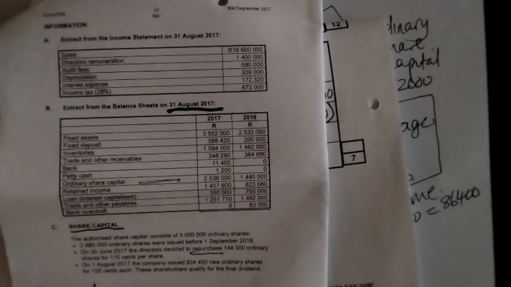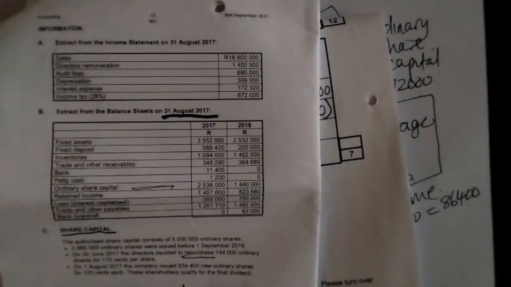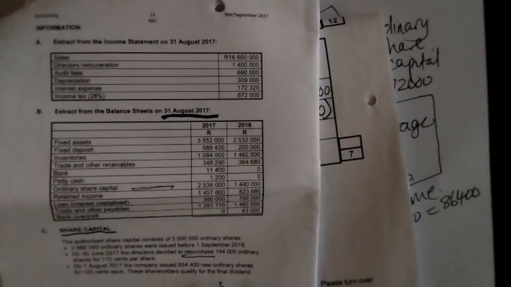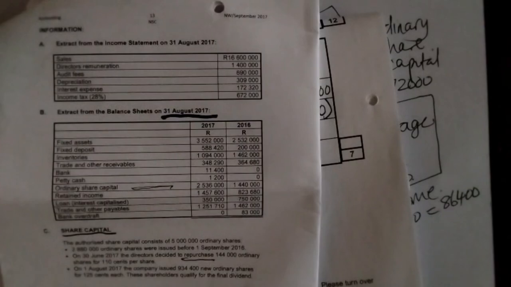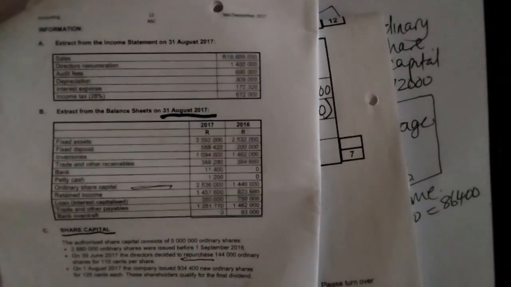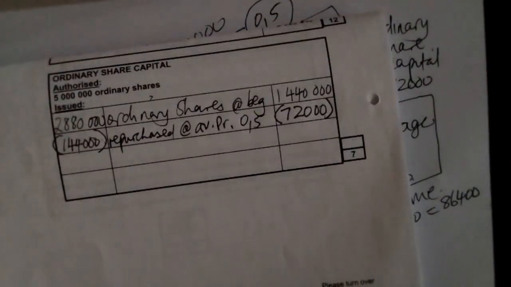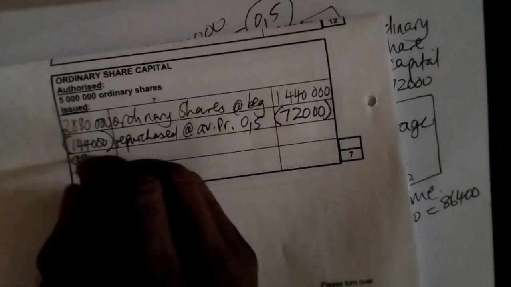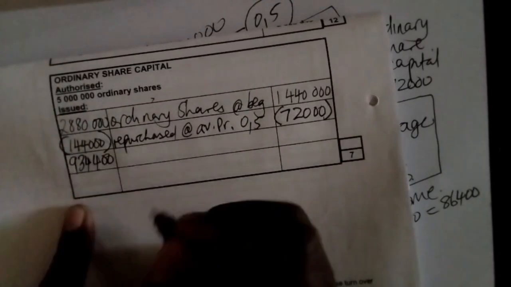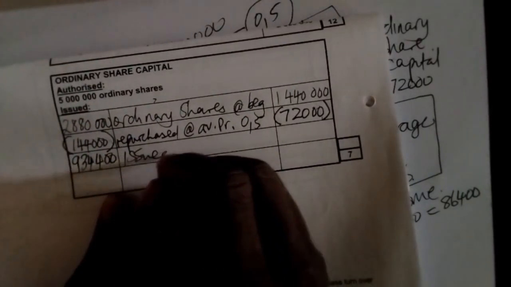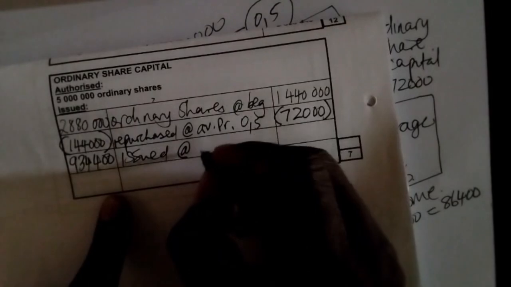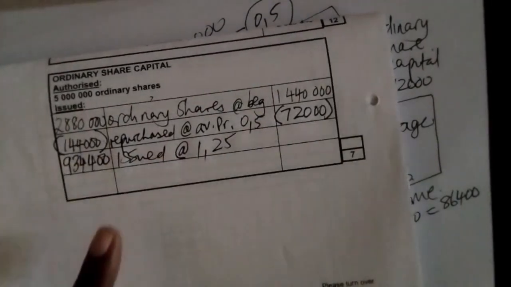Now then bullet number 3, it says on the 1st of August, that is still before the end of the year, the company issued another set of shares. They issued additional shares of 934,400 new shares at 1.25.